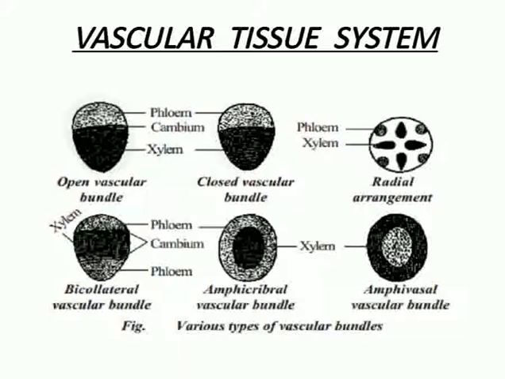In the monocotyledonous stem, the cambium is generally not present, but in the dicotyledonous stem, the cambium is present between xylem and phloem. Such vascular bundles, because of the presence of cambium, possess the ability to form secondary xylem and secondary phloem because of their meristematic activities, and hence such bundles are called open vascular bundles.